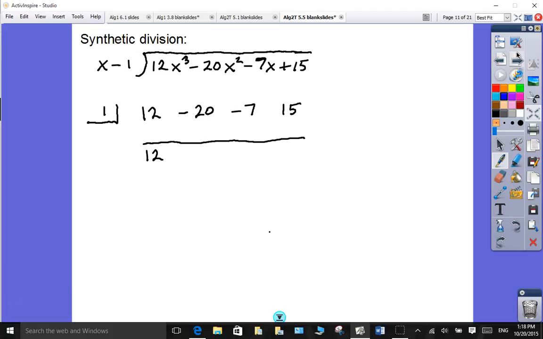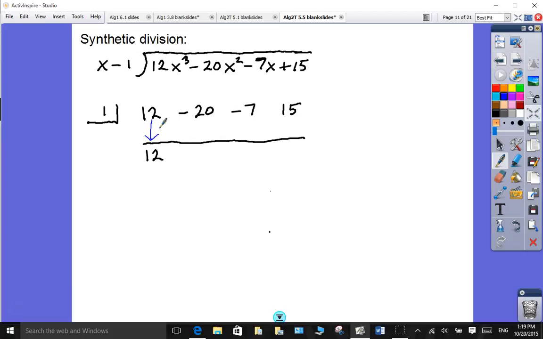Just keep that straight. Then I draw myself a line, leaving a space, because I know I'm going to be writing some numbers in there. And I bring this 12 below the line. Whatever that number is, bring it below the line to get started. In fact, it's not a bad idea at that step to draw an arrow showing that you're putting it there, because I've seen mistakes made where students try to put numbers there.